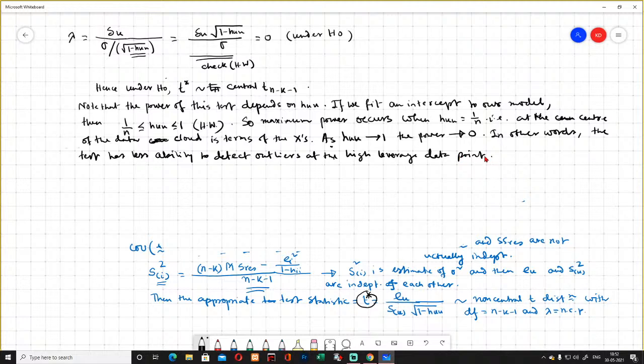And we will discuss later the concept of leverage point.